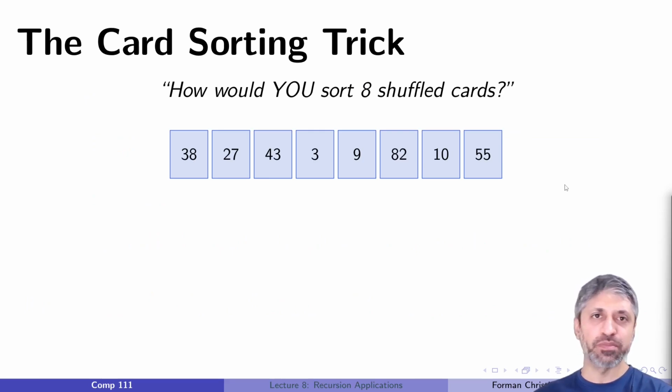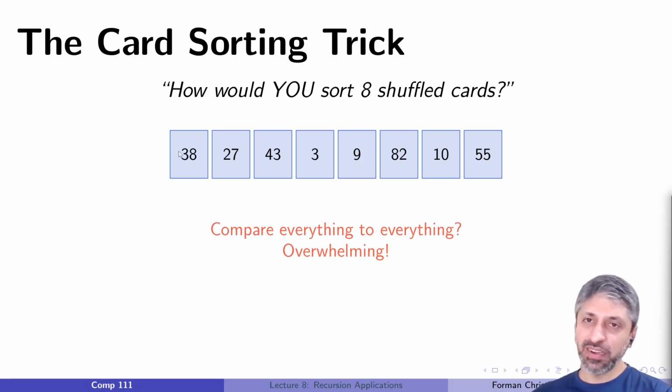Here's a thought experiment. Imagine that you have 8 shuffled cards, and as you can see, they are not sorted. How do you sort these? The naive approach is that you scan the whole list, find the smallest item, and put it in the first place.